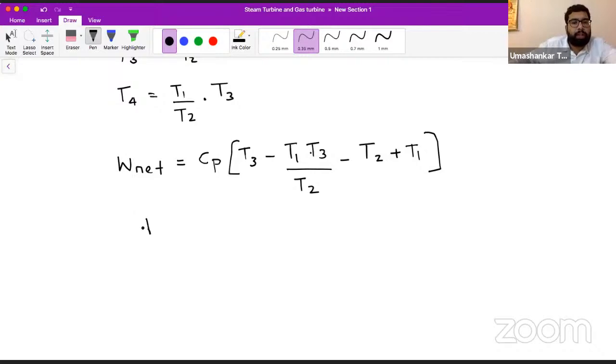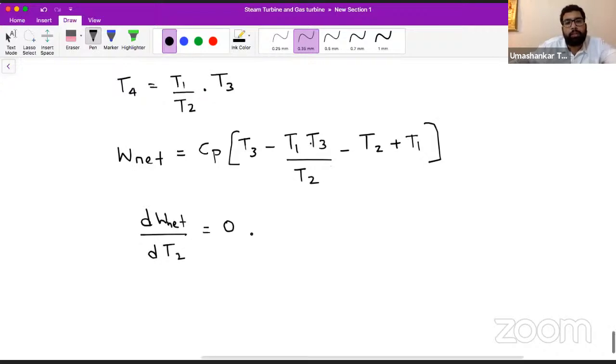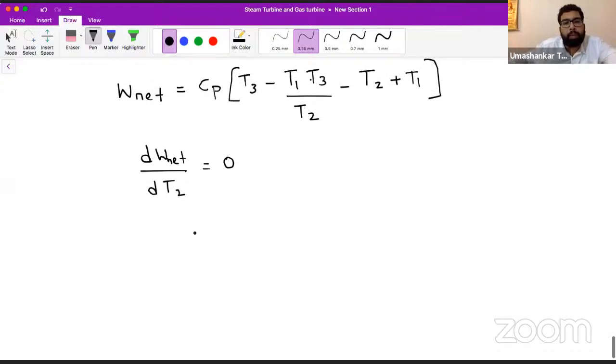So we can differentiate it with respect to T2 and get the value of T2 in terms of T1 and T3. Let's differentiate it. This part will become 0. It will become minus T1 T3 times the differentiation of 1 by T2, which comes out to be minus 1 by T2 square, minus 1, equal to 0.